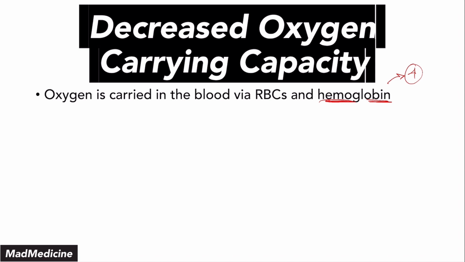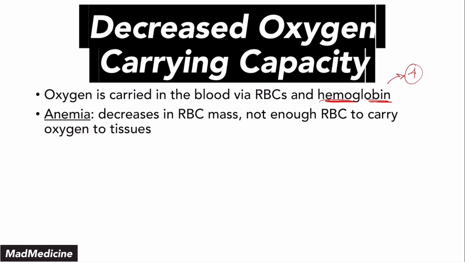That is very important. So the first thing that interrupts hemoglobin is going to be anemia. Anemia essentially is a condition where you have decreased red blood cell mass, or essentially you don't have enough red blood cells. When you don't have enough red blood cells, you are not going to have enough hemoglobin. So a decrease in red blood cells means a decrease in hemoglobin, and that means a decrease in the oxygen carrying capacity.